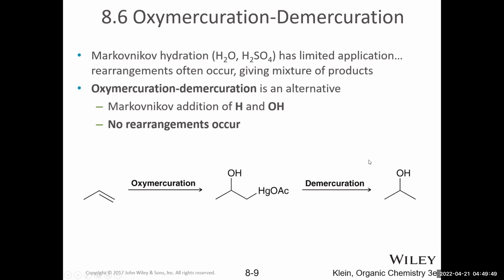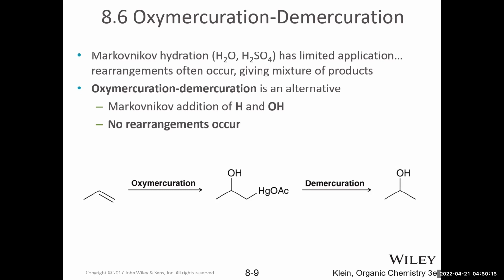However, this is an entirely different reaction with different reagents occurring through a different mechanism. And you might ask yourself, why would we learn two different reactions that do the same thing? And the answer is they don't do exactly the same thing. On some substrates, which a carbocation would not lead to rearrangement, the product would be the same.